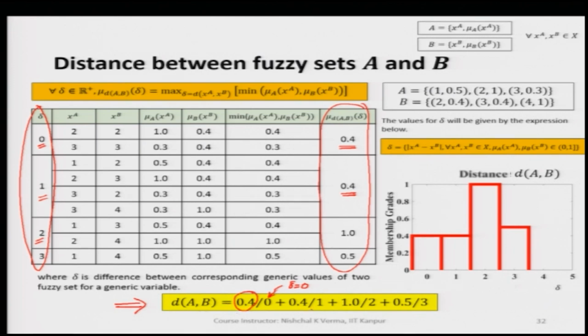Similarly, we are getting another element, 0.4 oblique 1.